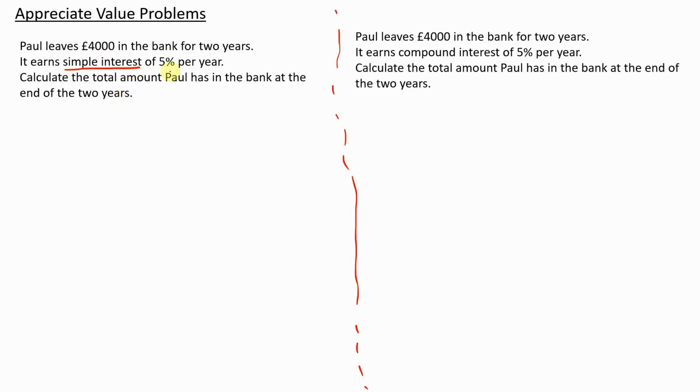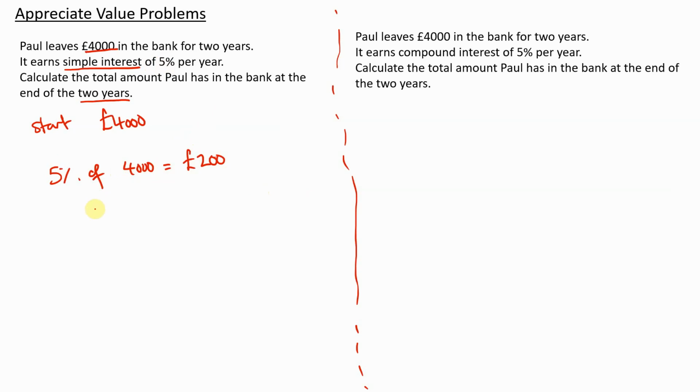So we get 5% simple interest per year. We want to figure out how much we have after 2 years. So we start with £4,000 in our account. Simple interest, we just want to find 5% of 4,000, and you can find 10% and halve it, that's probably the easiest way. That is going to be £200.